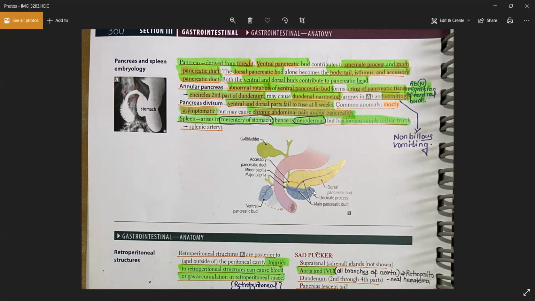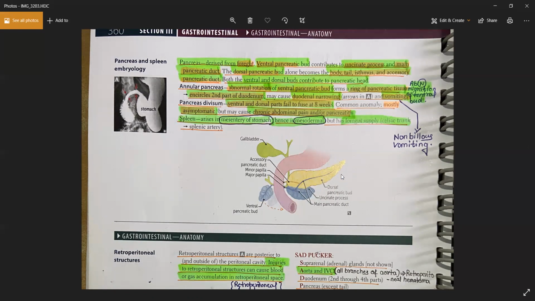The uncinate process, which is this part, is also formed by the ventral pancreatic bud. So the uncinate process, the main pancreatic duct, and the part of the head of the pancreas. As you can see, this is the head of the pancreas, and part of this head is formed by the ventral pancreatic bud.